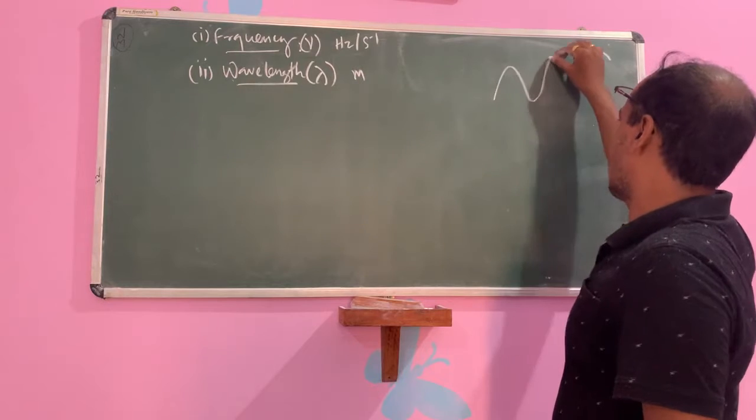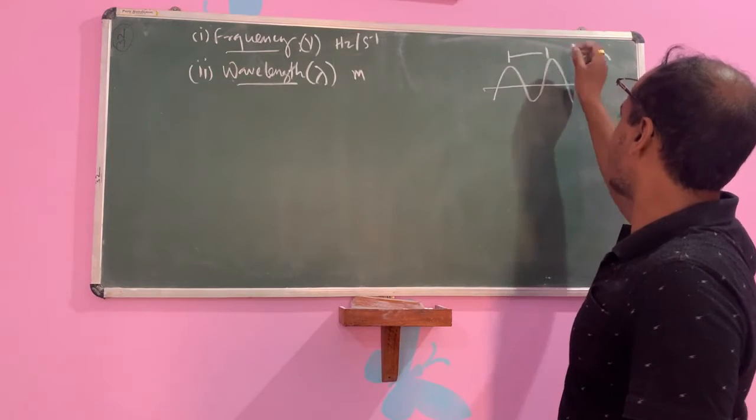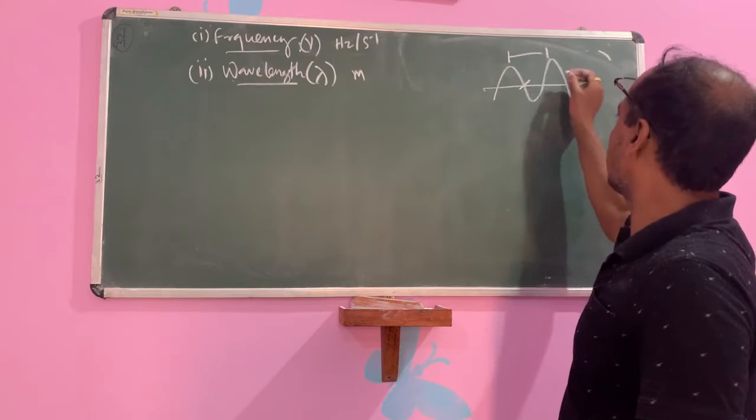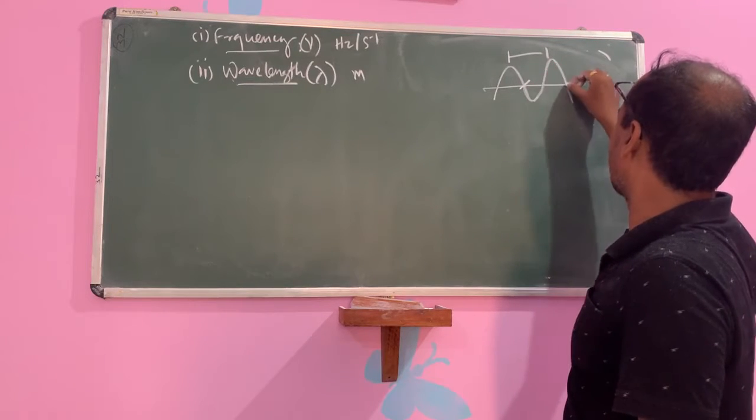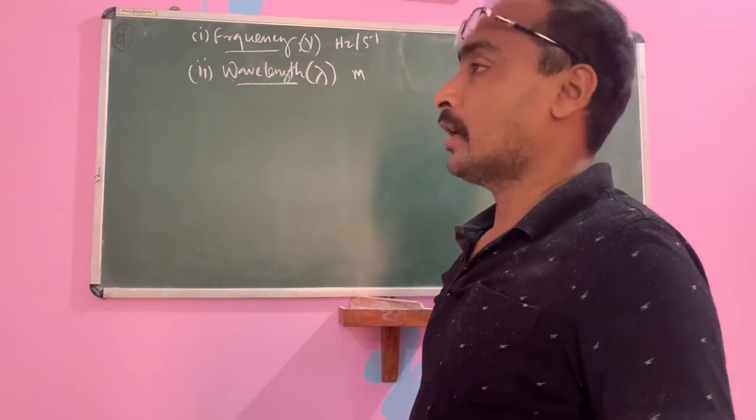You see the distance. This is your wave. This distance, or you can take this distance, is also one wave. So these are frequency and wavelength.